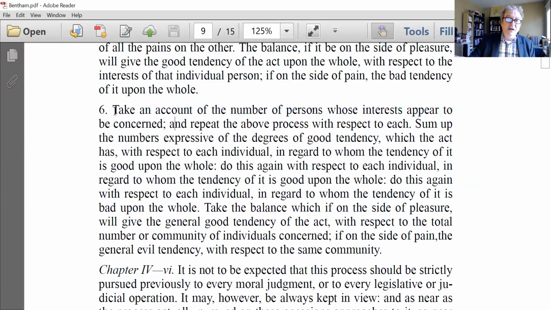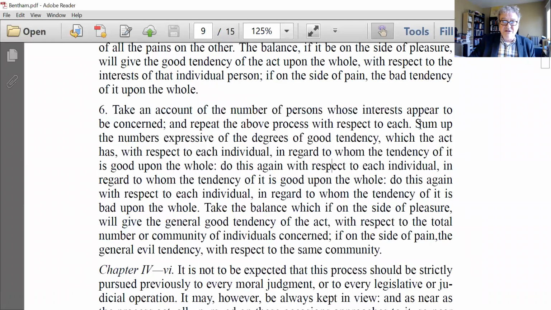It's a little ambiguous in his work. But here, when we're making a utilitarian calculation, we take account of the number of persons whose interests are concerned, and we repeat the above process with respect to each. So we consider the intensity, the propinquity, the fecundity, all of those things.